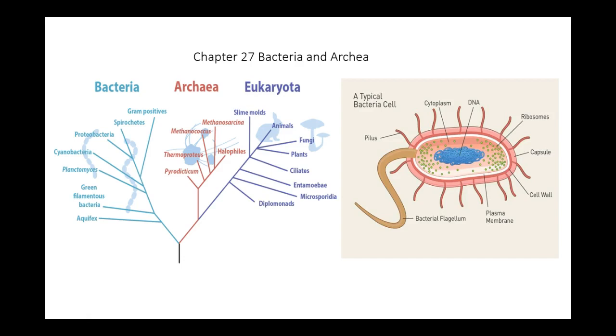But both of them are highly adaptable, and it's one of the things that has made them so successful on planet Earth. Some of them can live in pHs that are acidic enough to dissolve metal, which is pretty amazing to think about.